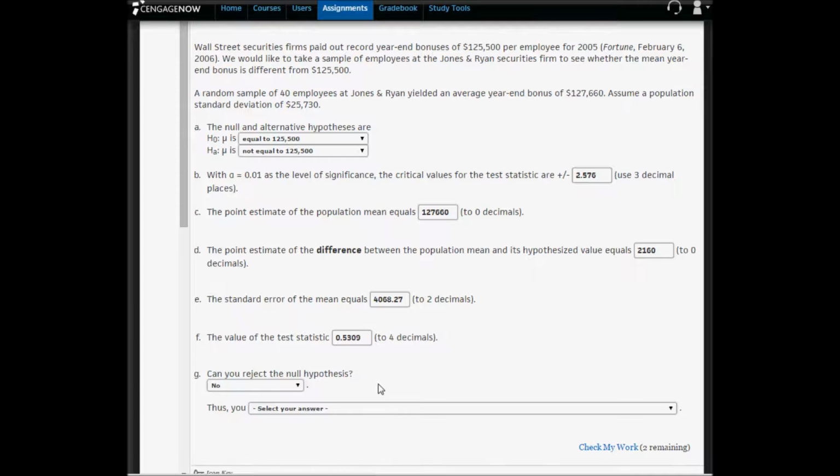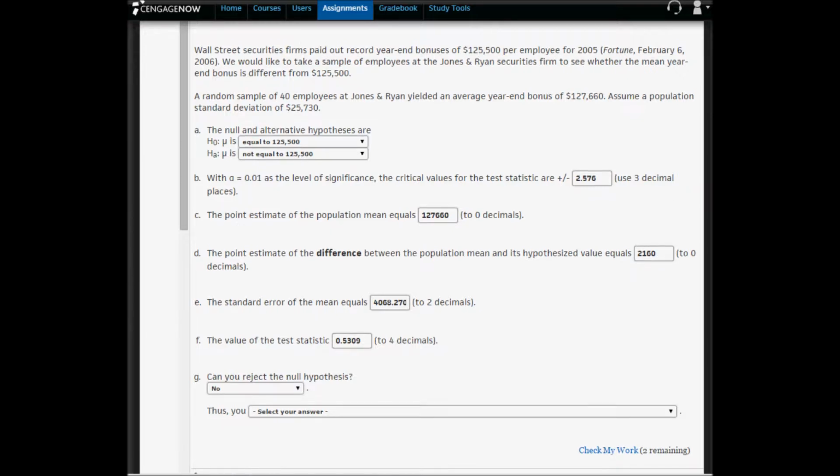No. The reason why we can't accept the null hypothesis is because by saying that you cannot reject the null, that kind of helps you avoid making a type 2 error. Now, since the null hypothesis cannot be rejected, then we cannot say the population mean is not equal to 125,500.